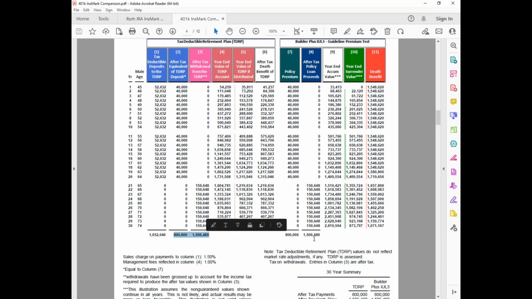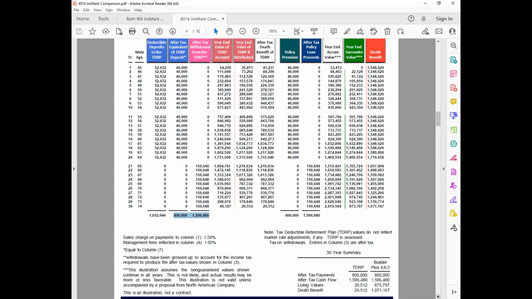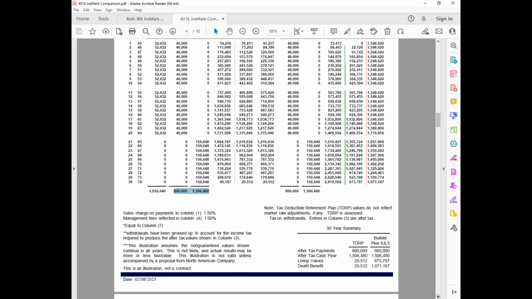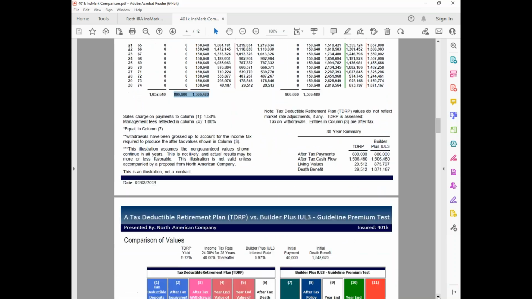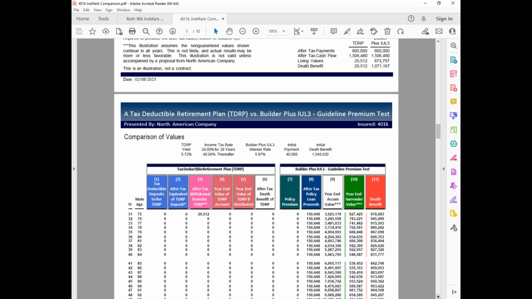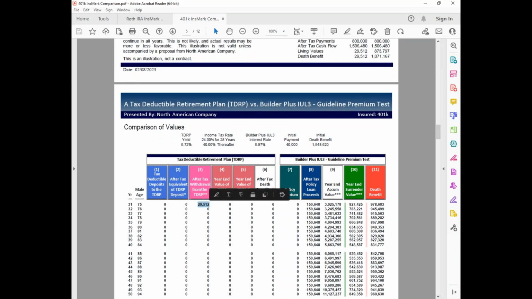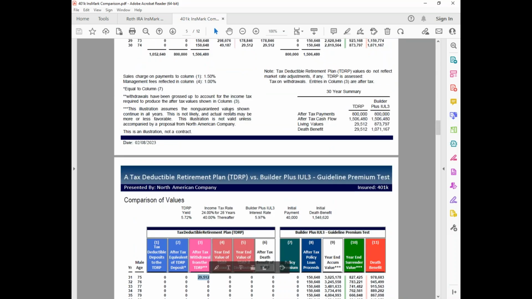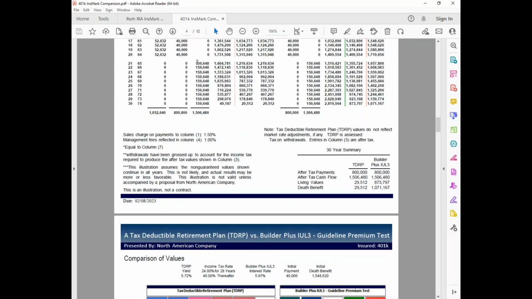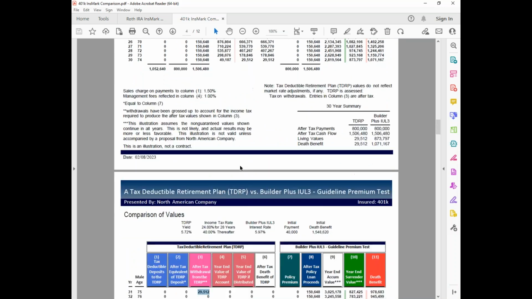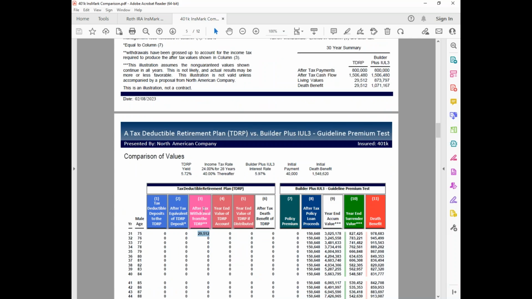800 after tax in, 1.5 million out. And then again, this is the shell shocker when we get to the next page. Look at that. We ran out of money because these are true and complete withdrawals of money. You don't have that positive arbitrage in there anymore.